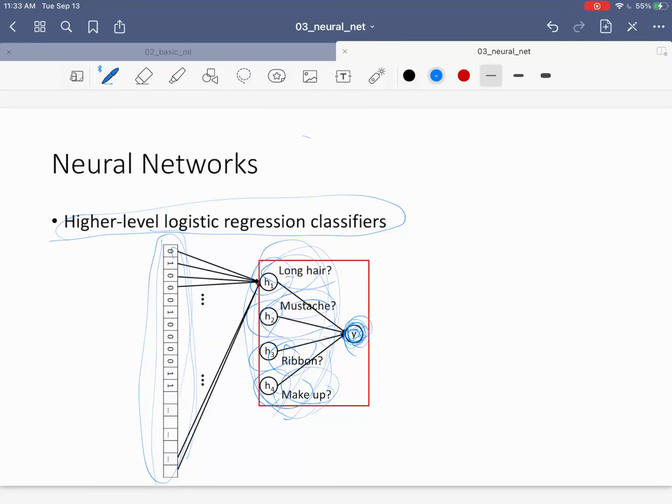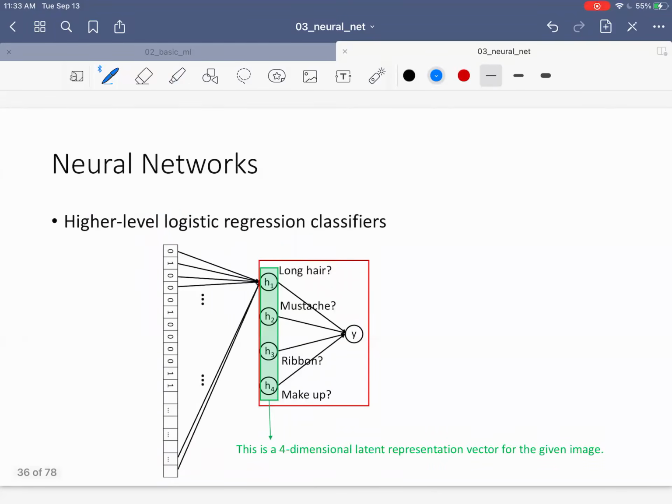This is just an example, but maybe the first logistic regression could learn whether the image has an earring or not, or a beard or not. It could be anything based on your training samples. These 4 logistic regressions will be optimized to help the final logistic regression make high-level decisions, so in all, it could make a correct male or female classification.